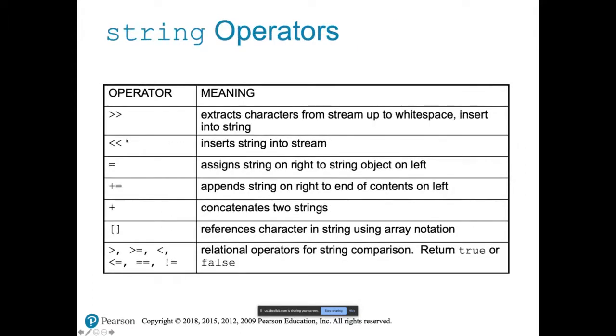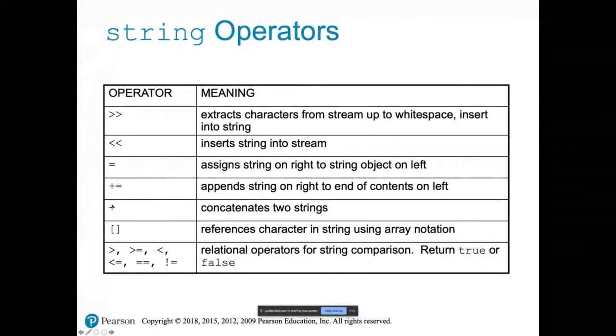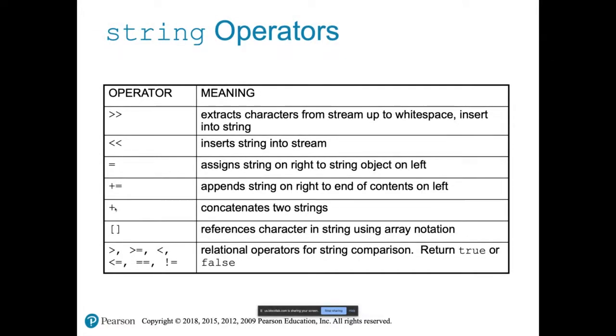String operators, you could do this. You read them in from the stream, skipping the white space. You can display them back out. You can assign them. Remember, shorthand notation, you can append. This just concatenates.